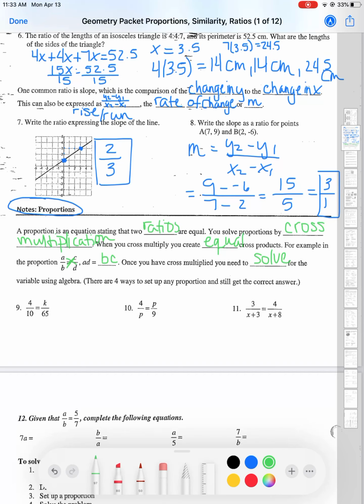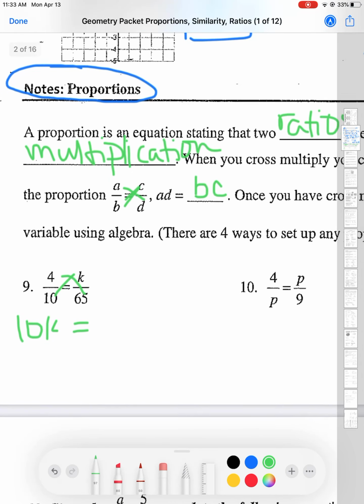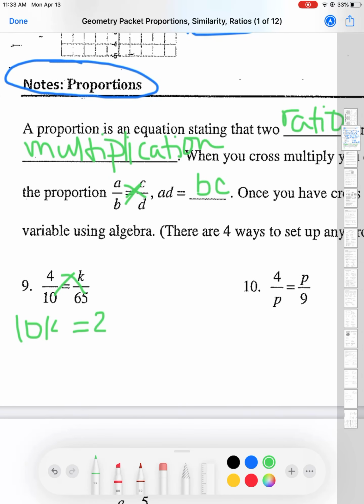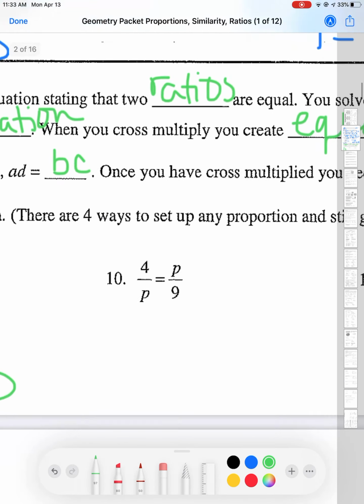So if we have 4 over 10 equals k over 65, we would cross multiply, and we would get 10k equals 260. Then we divide by 10, k equals 26. Remember, you can always simplify this 4 over 10 first.